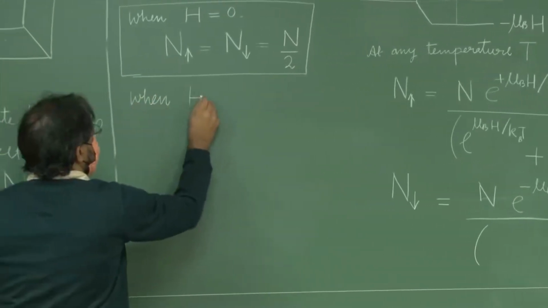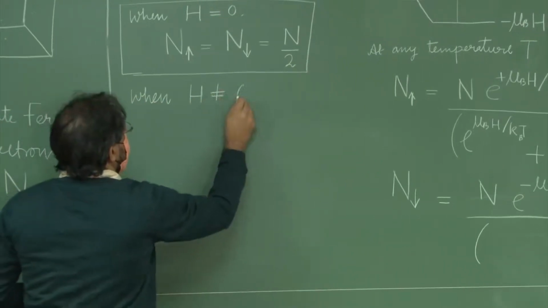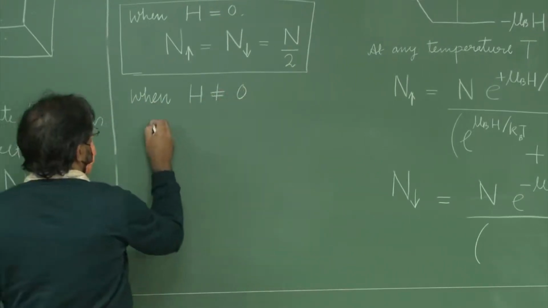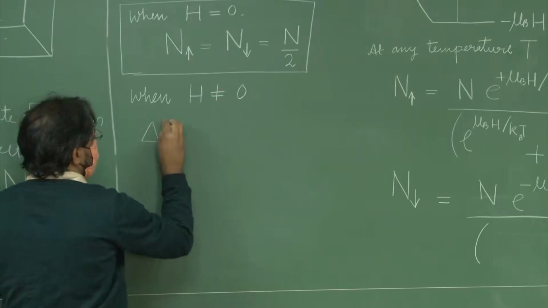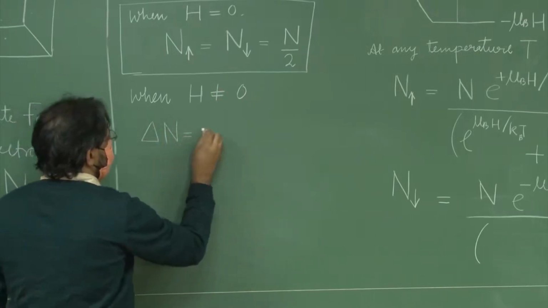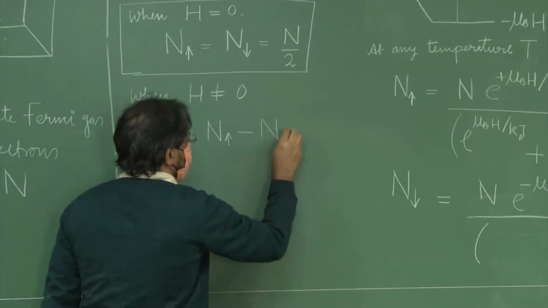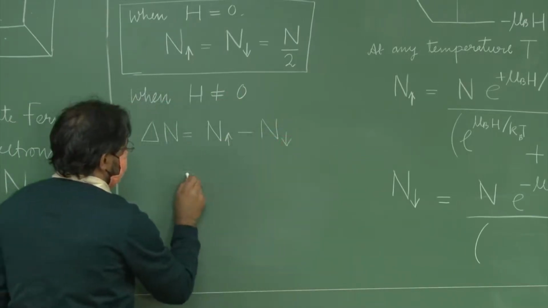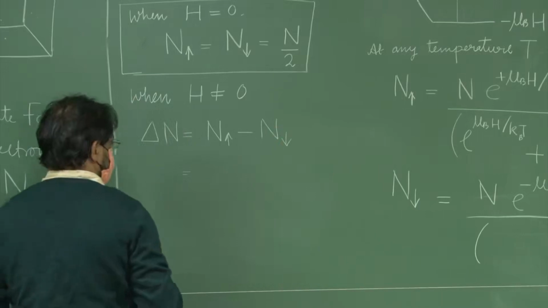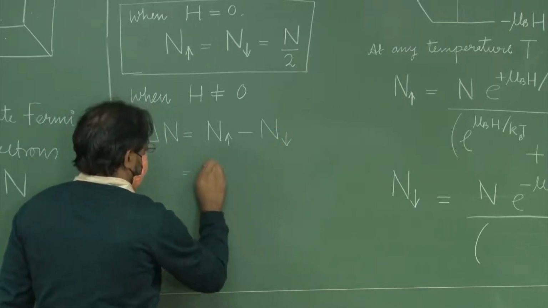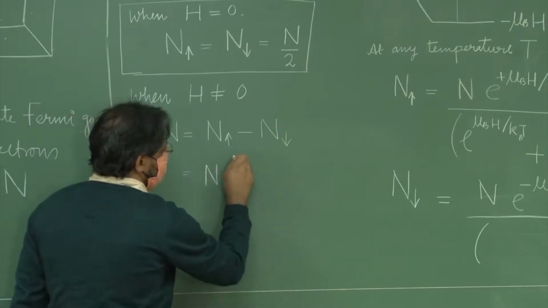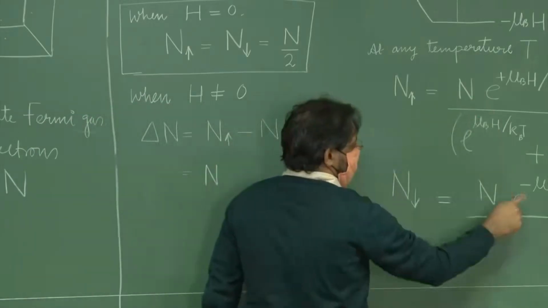And when h is non-zero, then you have your delta n equals n up minus n down, and this is equal to n times this minus this.